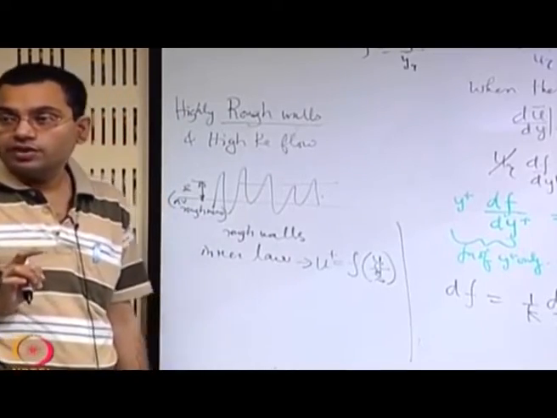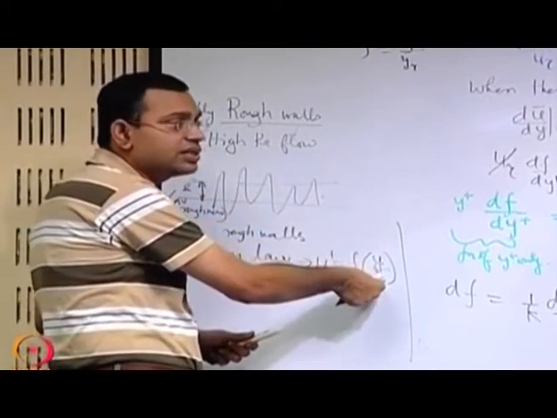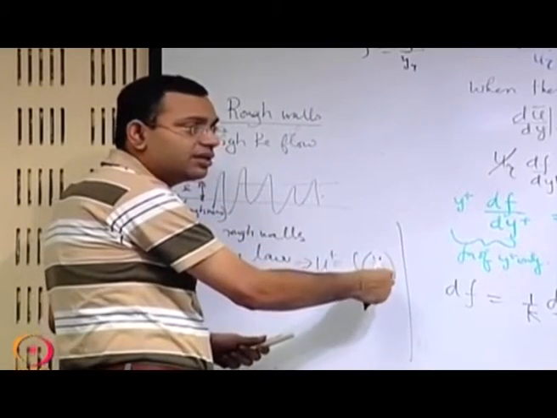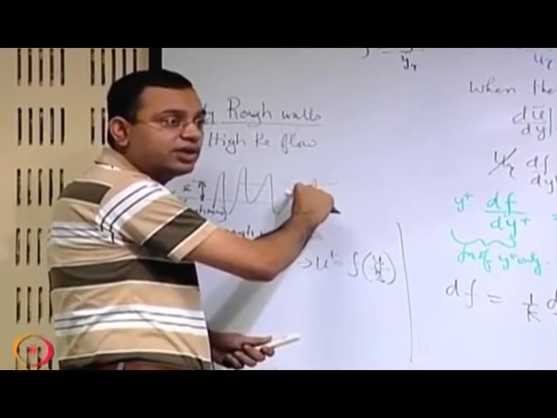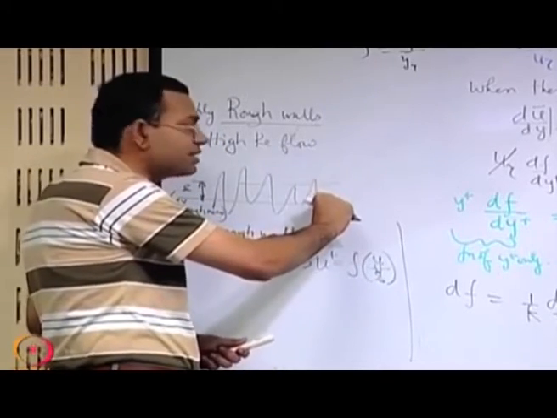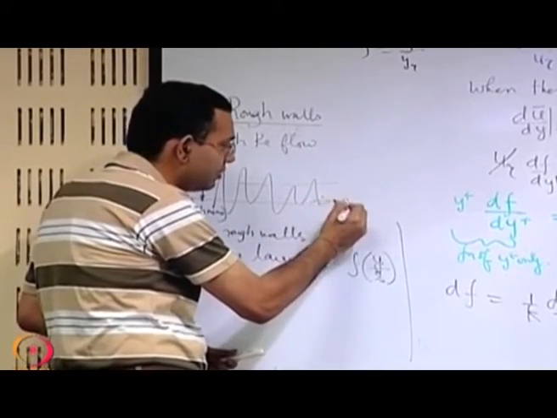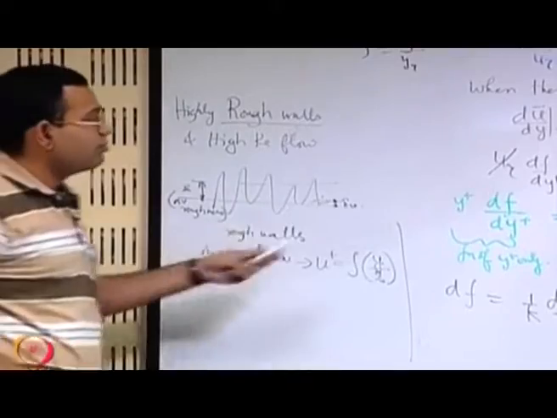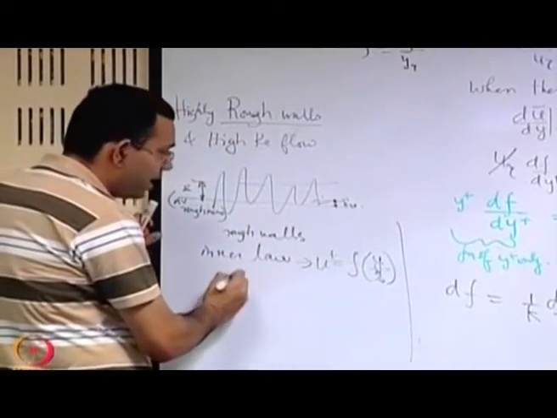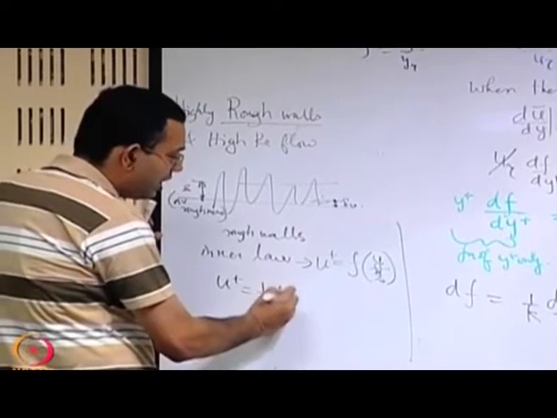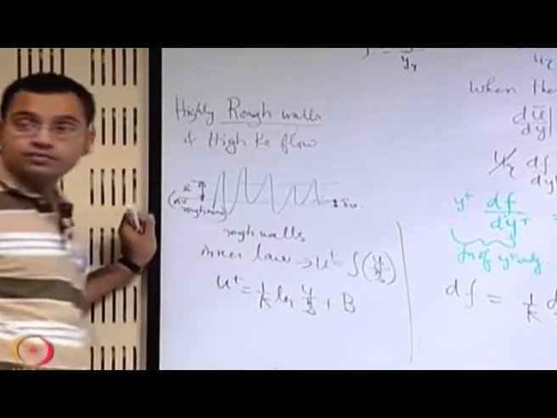The reason is clear: because of this extreme roughness, it is not the viscous length scale that is coming into the picture, but the wall roughness length scale that is dominating. Very high Reynolds number makes the viscous sublayer very thin. Maybe this is the thickness of the viscous sublayer, let us say delta V. Now if you use the same form, then you will get u plus is equal to 1 by k ln y by S plus say another constant B.